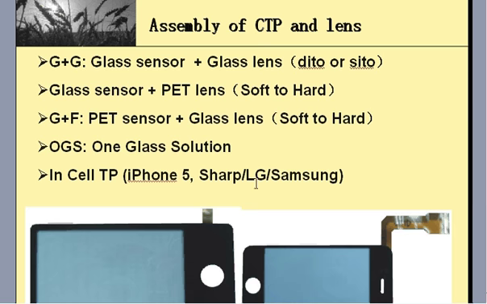Right now, only Sharp, LG, and Samsung can produce that. The good news is that we heard it is still a long way to go, and it is a pretty expensive process, and we think that in the future, one glass solution might be the best one.